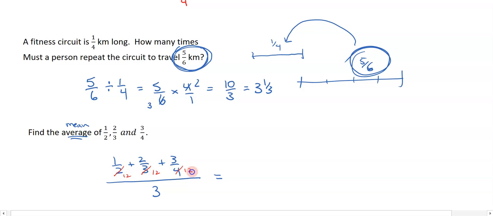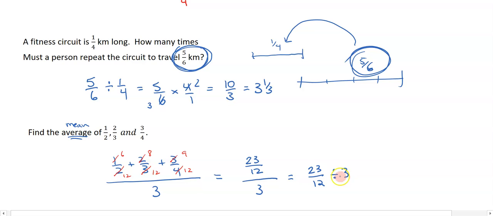So I'm going to change to a common denominator, times by 6, times by 4, times by 3. So now I'm going to get 6 plus 8 is 14, plus 9 is 23 over 12, all divided by 3. Well, we can rewrite this as a division question, 23 over 12 divided by 3.